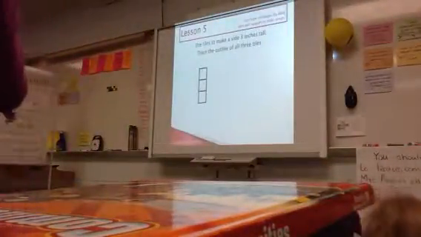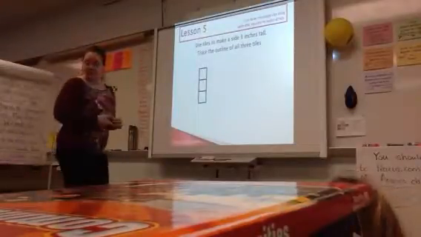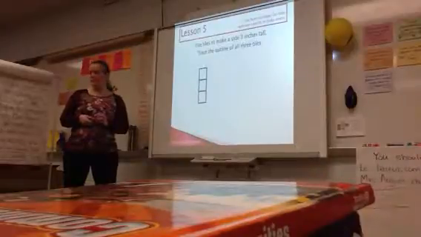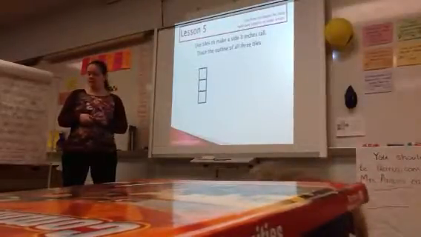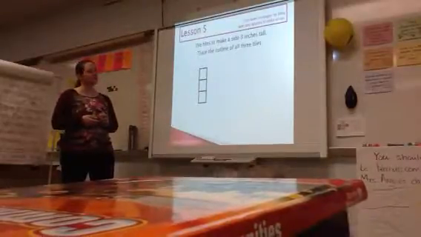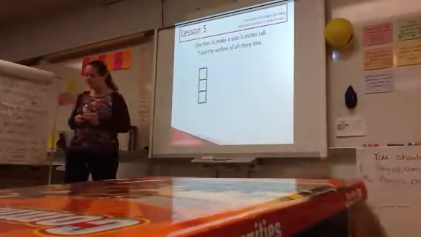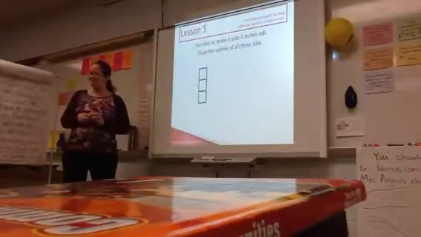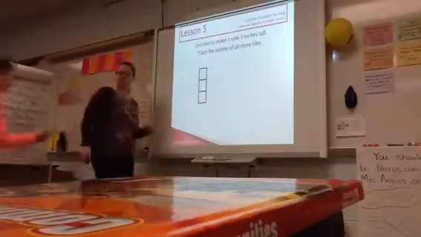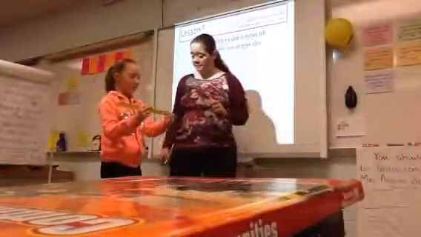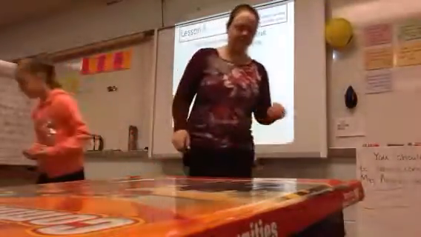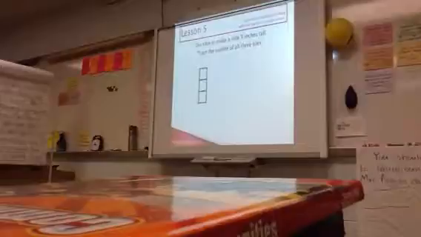Draw out your 3 tiles. Wait, it says inches. You're right, inches. This one's inches. I was wrong. Go ahead and draw them out. We start at 0. You always start at 0, and you start at the edge of your ruler. Okay, so 3, 2, 1.